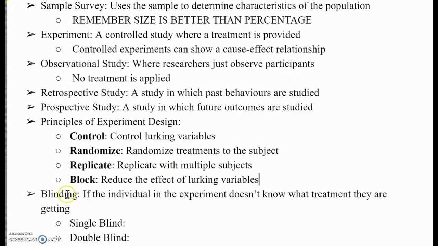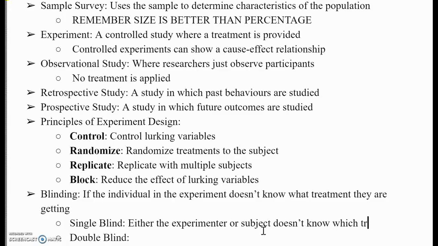The next thing we're going to talk about is blinding. If an individual in the experiment doesn't know what treatment they're getting, we consider that blinding. Now there are two types of blinding, single blind and double blind. Single blind means where either the experimenter or subject doesn't know which treatment.